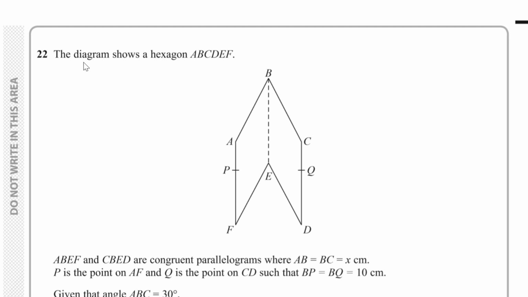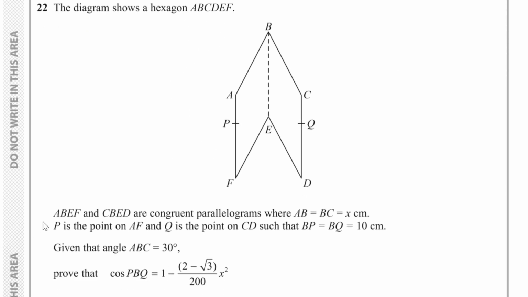Question number 22. The diagram shows a hexagon ABCDEF, and that's what we see here. ABEF and CBED are congruent parallelograms where AB equals BC, which is equal to x centimeters, and P is the point on AF and Q is the point on CD, such that BP equals BQ equals 10 centimeters.